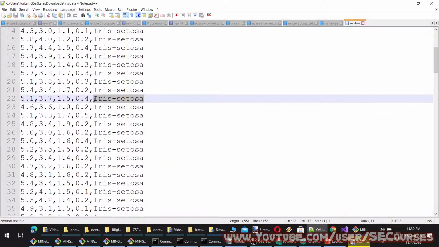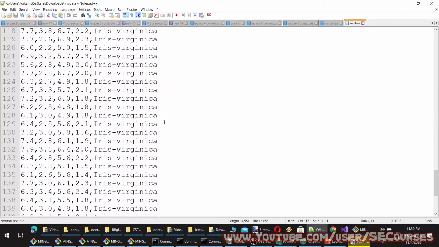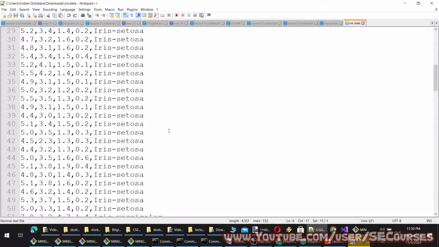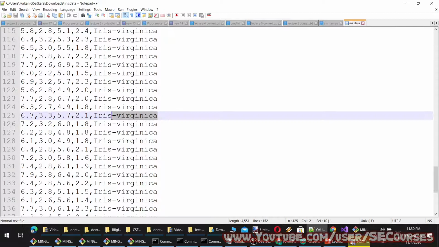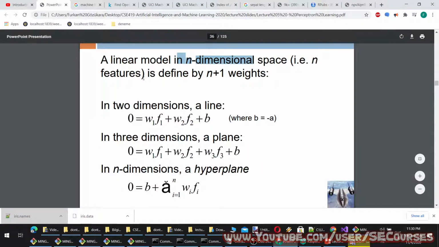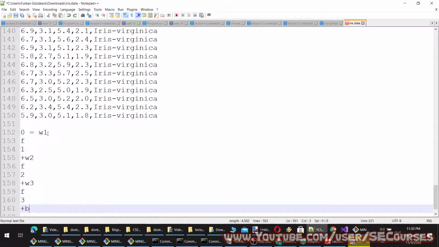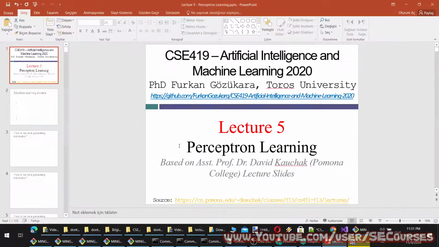The fifth piece of data provided in the dataset is the class of the data, in this case a type of the iris plant. And it is defined by n+1 weights. So in this case, the iris data would have, let me show you, okay, this didn't copy paste properly.